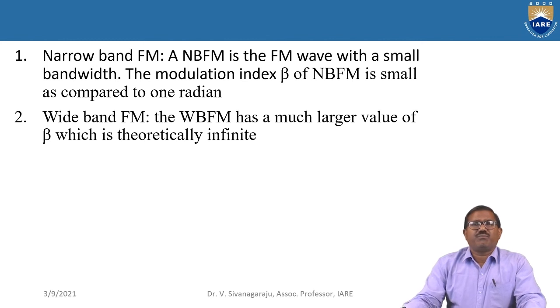So what is a narrowband FM? A narrowband FM is an FM wave with a small bandwidth. The modulation index beta of NB-FM is small as compared to 1 radian. That means the beta value is very small.